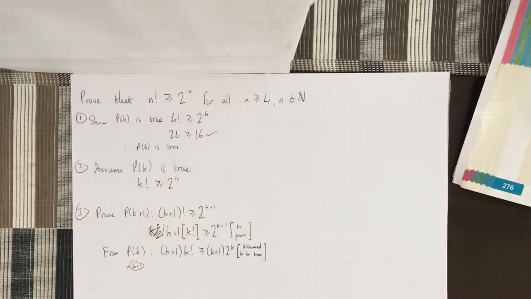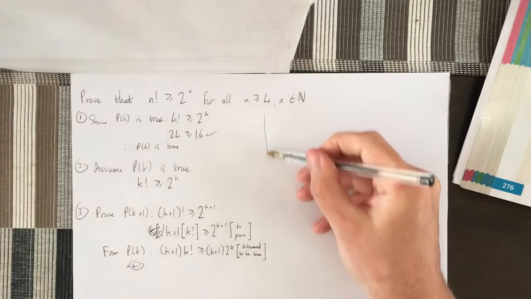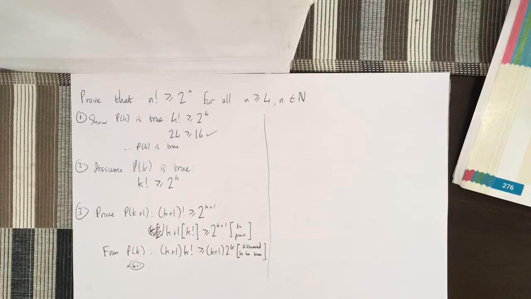All right, now it's a similar logic to what I've applied in all of these inequality ones. So this is less than this. I'm trying to prove this is less than this. So if this is less than this, it must in turn be less than this.